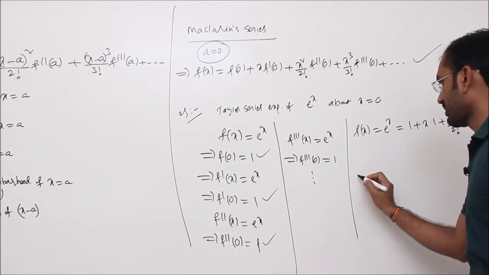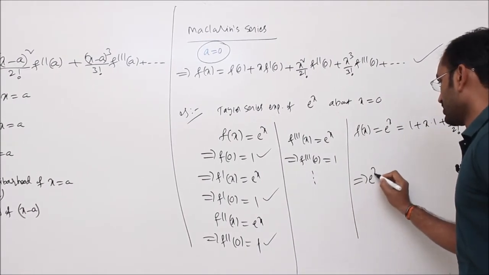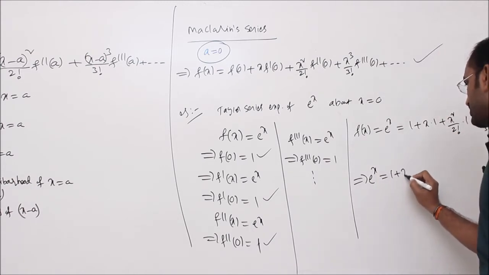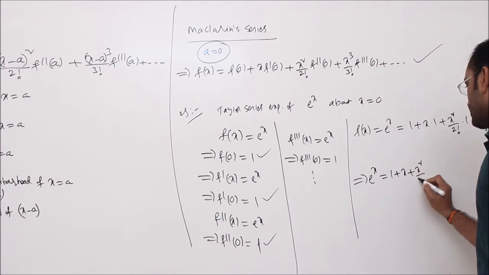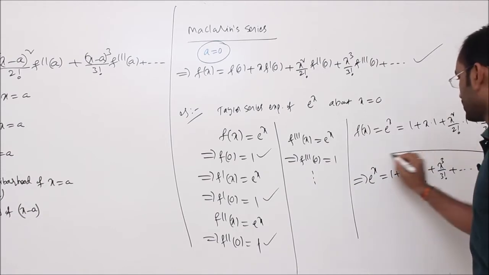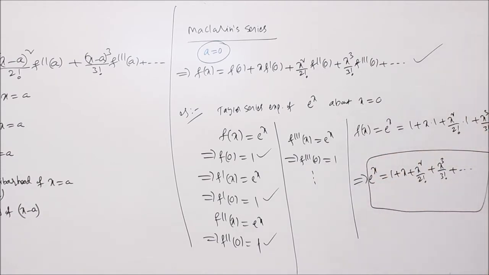So finally the series expansion of e power x is 1 plus x plus x square by 2 factorial plus x cube by 3 factorial plus and so on. This is a Taylor series expansion of e power x about x equal to 0, or I can say the Maclaurin series expansion of e power x.